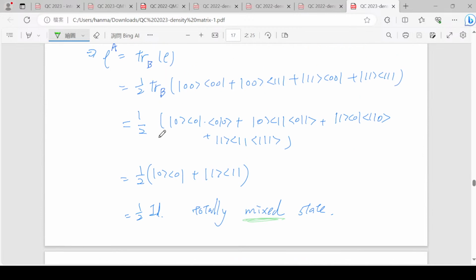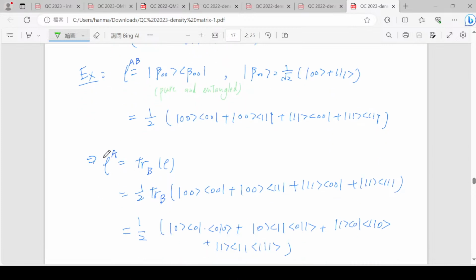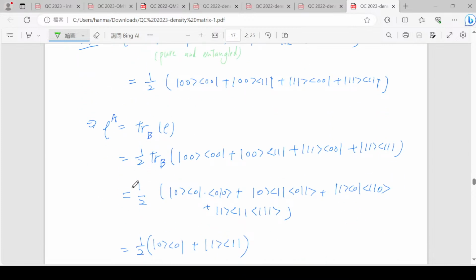And so we want to calculate the reduced density matrix on A. So for the density matrix on A, when our state is maximally entangled between A and B, we take the trace over B on this row, and we use linearity one term at a time. Trace B is linear, so 1/2 can go outside, and then we can do trace B on all of them.